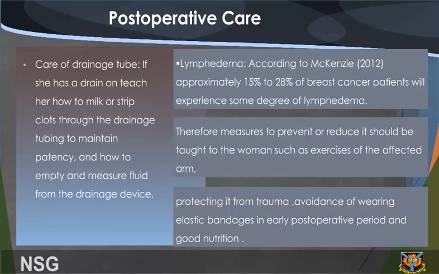Therefore, measures to prevent or reduce it should be taught to the woman, such as exercises of the affected arm, protecting it from trauma, avoidance of wearing elastic bandages in early post-operative period, and good nutrition.